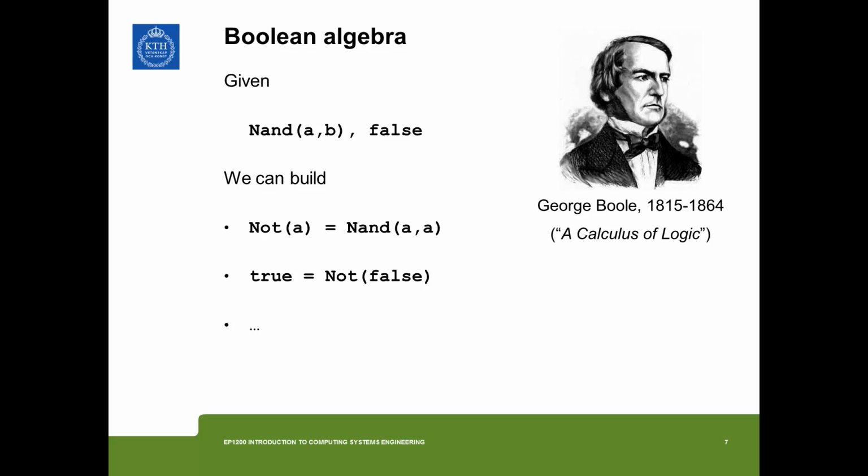And we can get the true value by taking not of the false, and so forth. By building some functions, we can use them to get other functions. If you're familiar with De Morgan's law, you could apply that and instead use NOR and the truth values such as true or false, and in the same manner build all the logical functions that we had in the table in the previous slide.